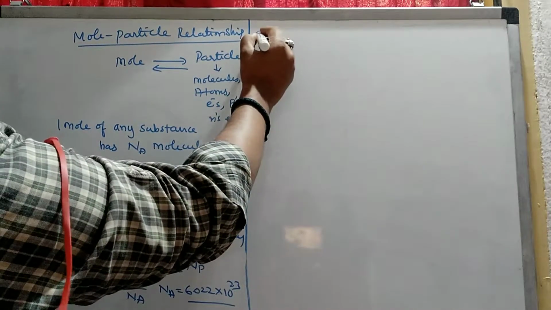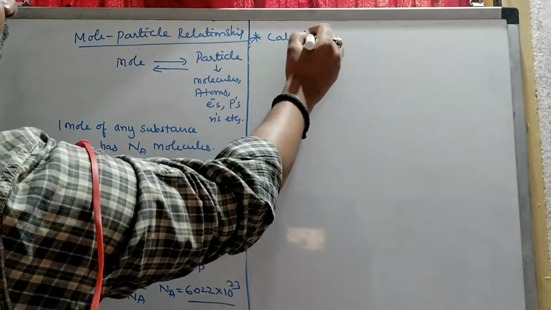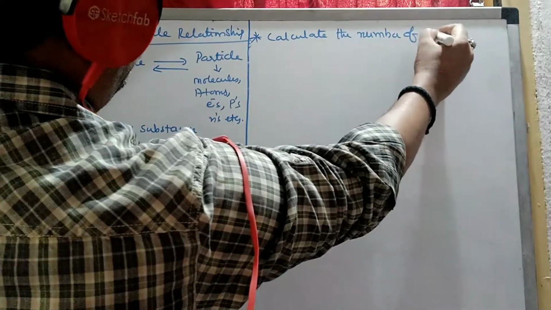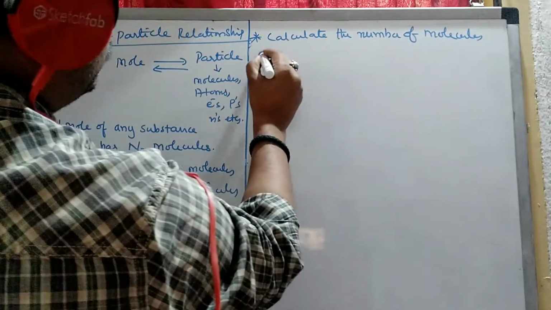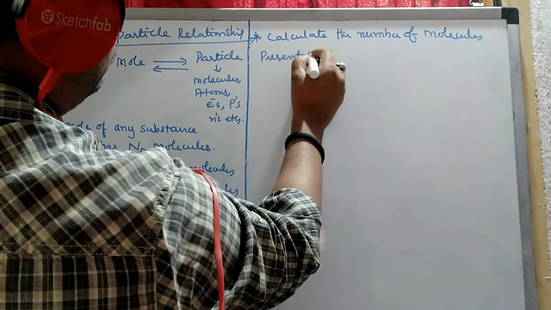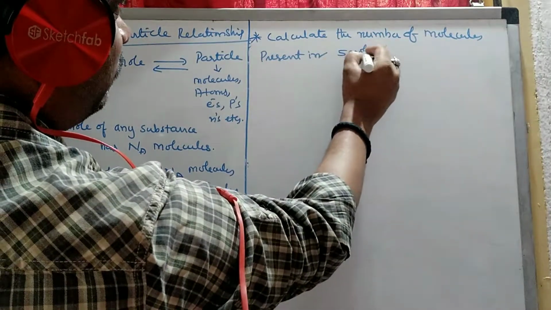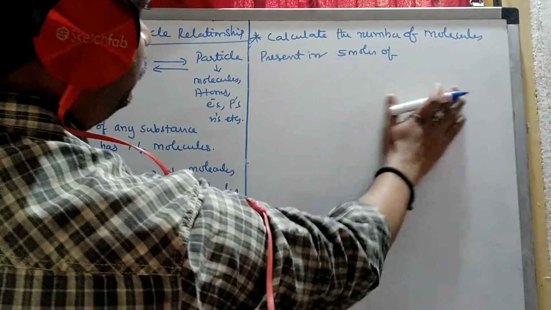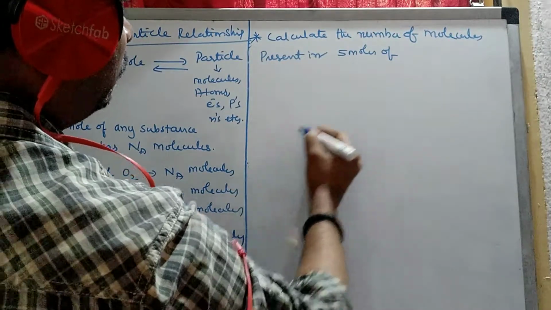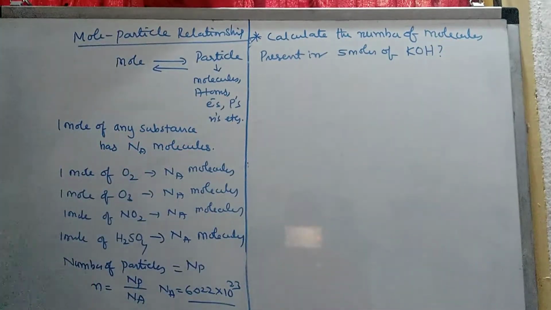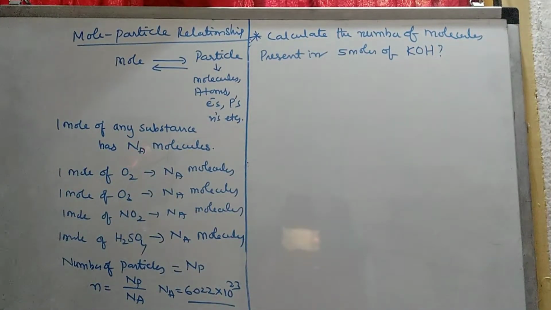Let us take one example. Calculate the number of molecules present in 5 moles of potassium hydroxide.